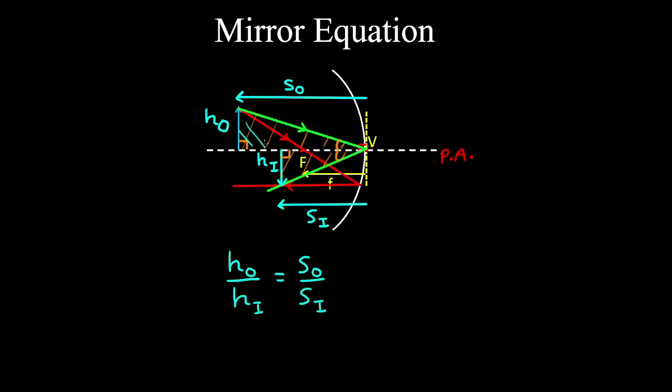And now we'll consider this triangle and this triangle here. So these triangles have the same angle, and they're both right triangles.